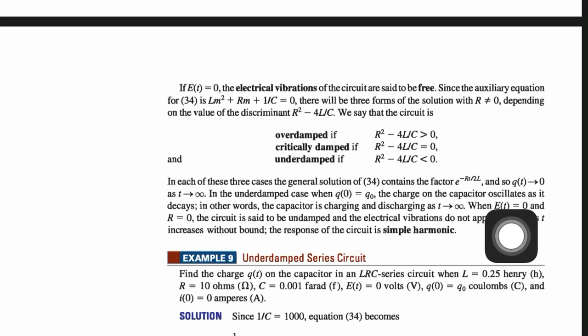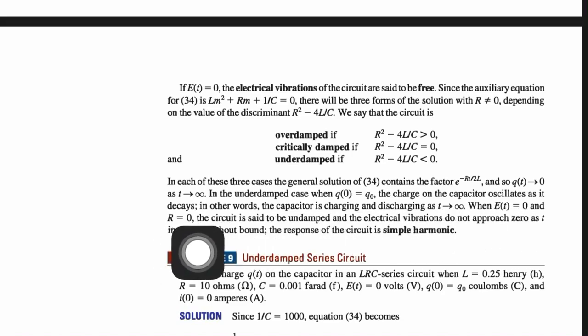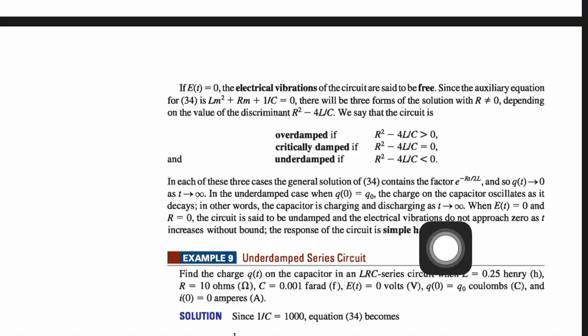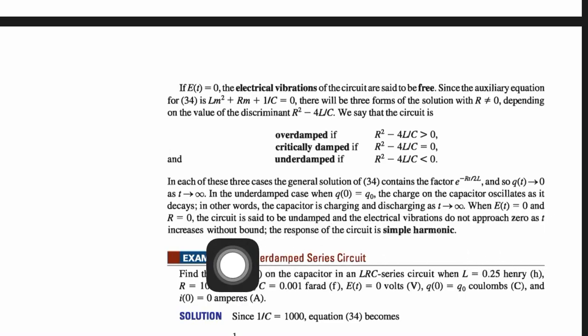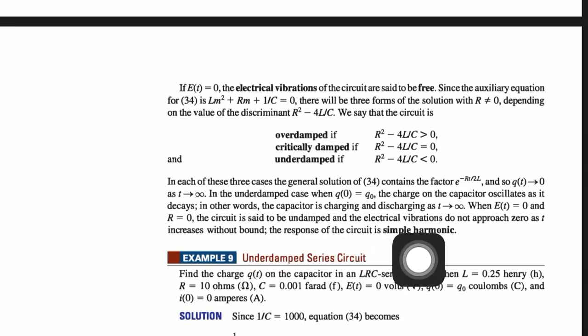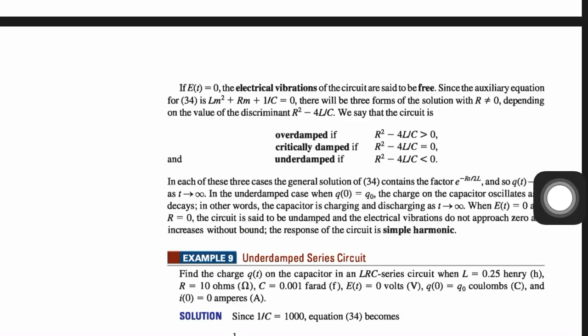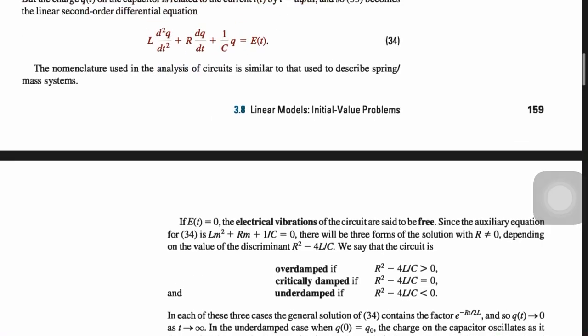When E of t equals 0 and R equals 0, the circuit is said to be undamped, and the electrical vibrations do not approach 0 as time increases without bound. The response of the circuit is simple harmonic. So these cases are what we discuss in our examples.